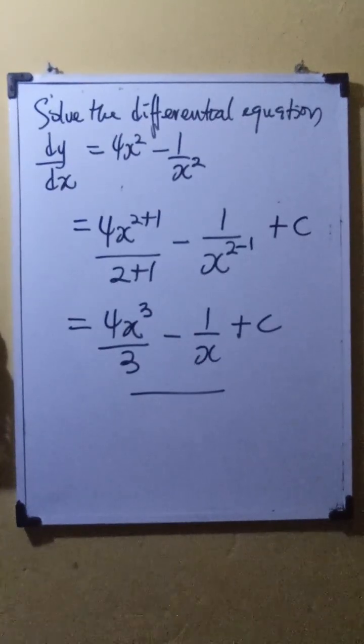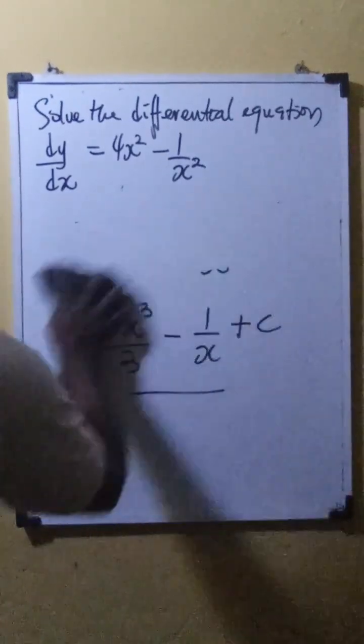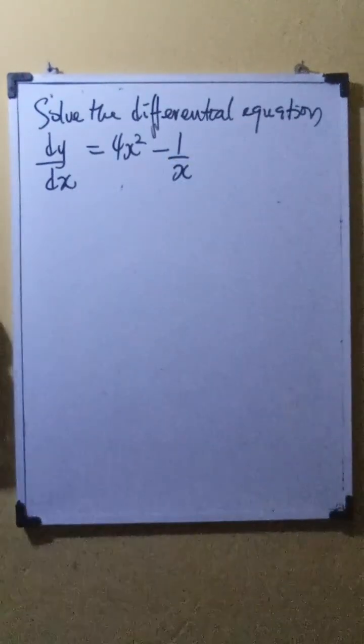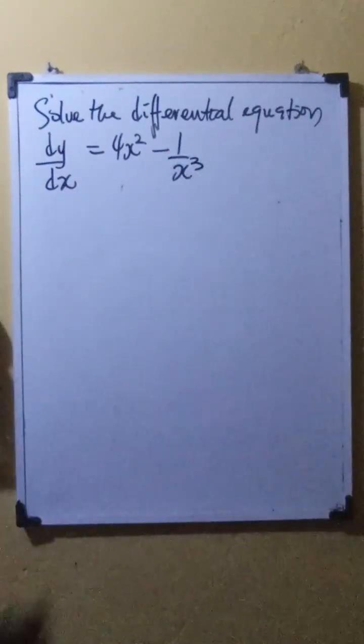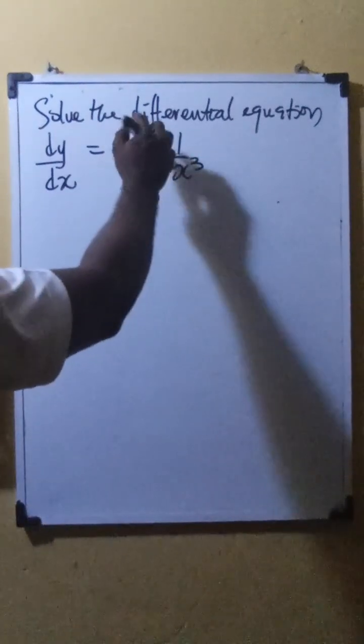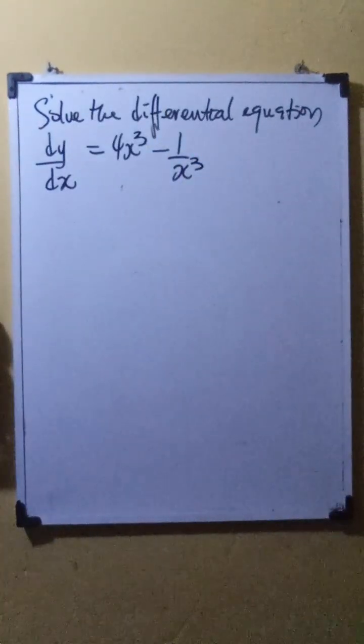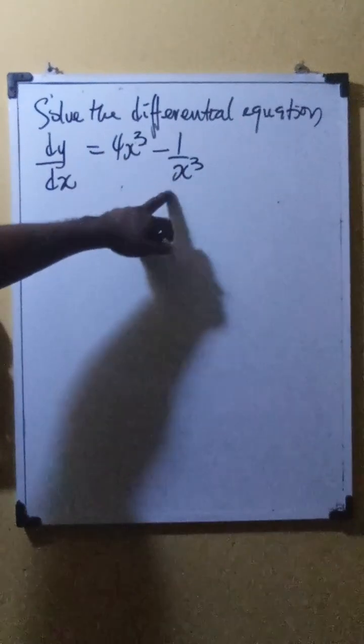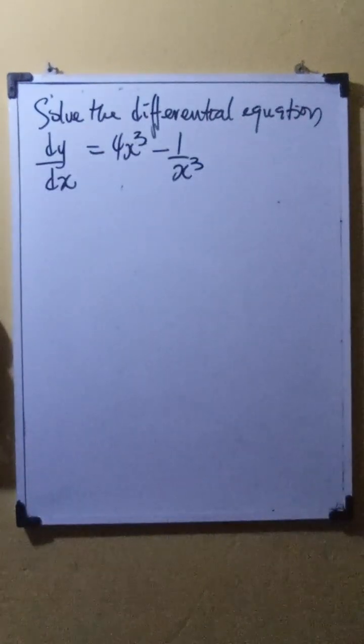Now, somebody may ask, how about having it this way? For example, this is 3, and this is 3. I'm going to try one more. If we have 4x cubed minus 1 over x cubed, how do I solve this?